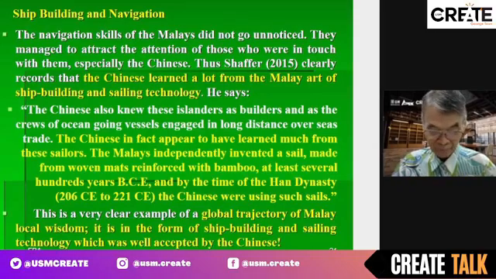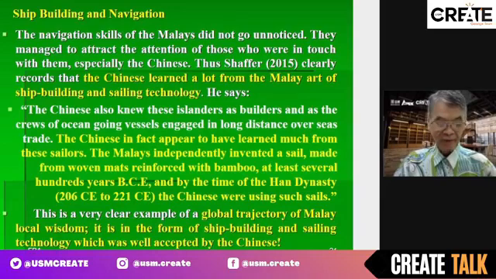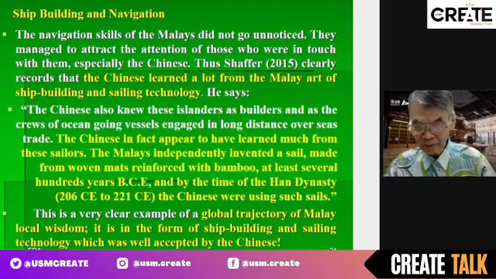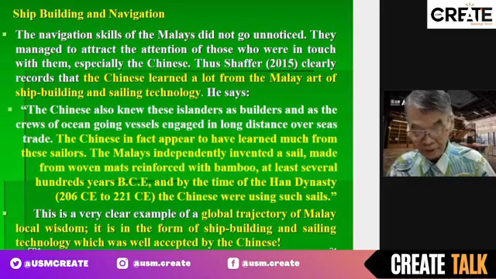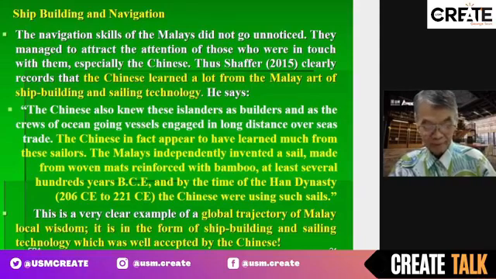And he says, I'm quoting him again, the Chinese also knew these islanders as builders and as the crews of ocean-going vessels engaged in long-distance overseas trades. The Chinese, in fact, appear to have learned much from these sailors.